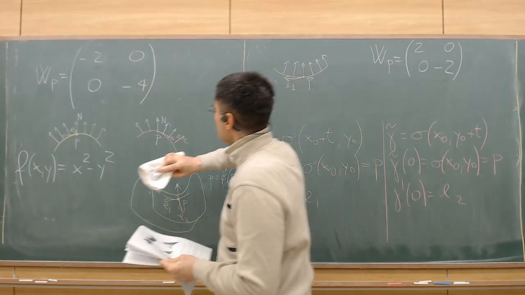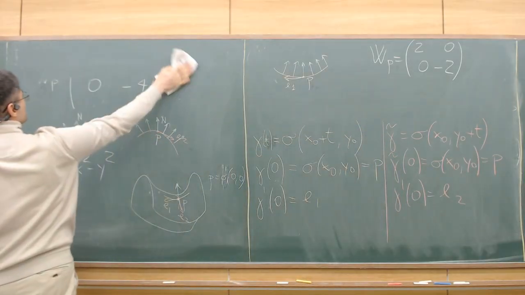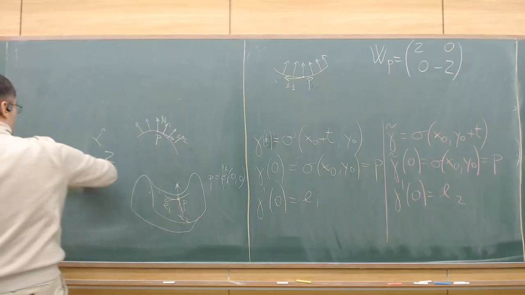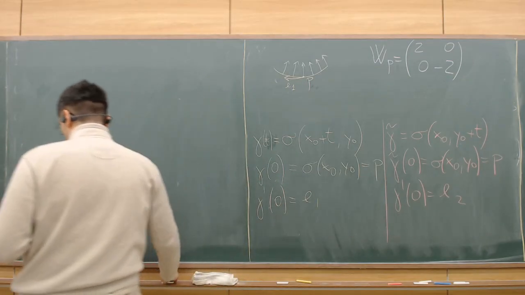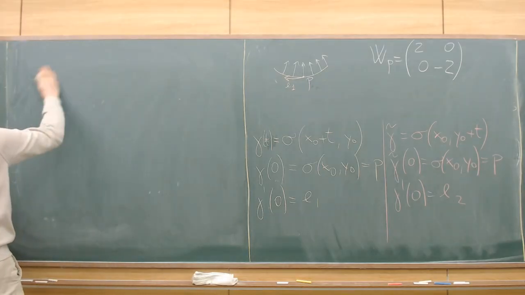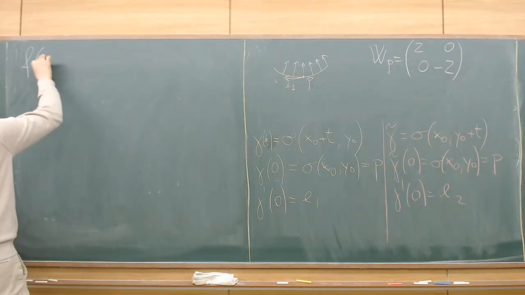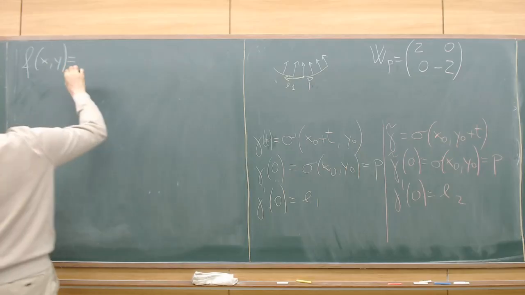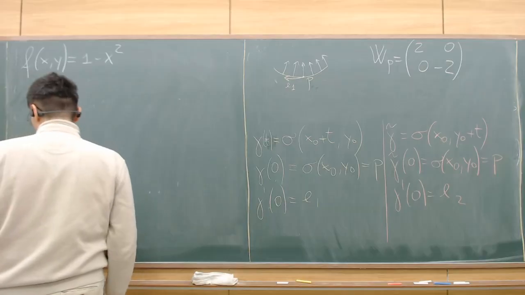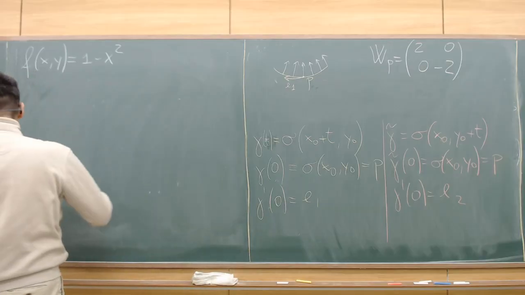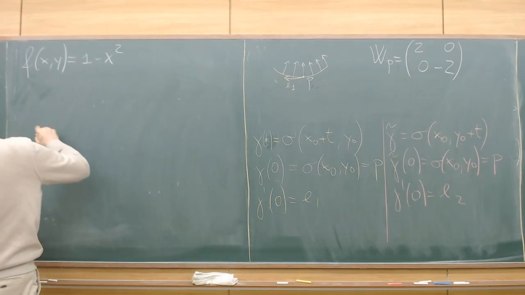The next example, let's erase this part, is the one where f of x, y is 1 minus x squared. The graph of this function looks like this.